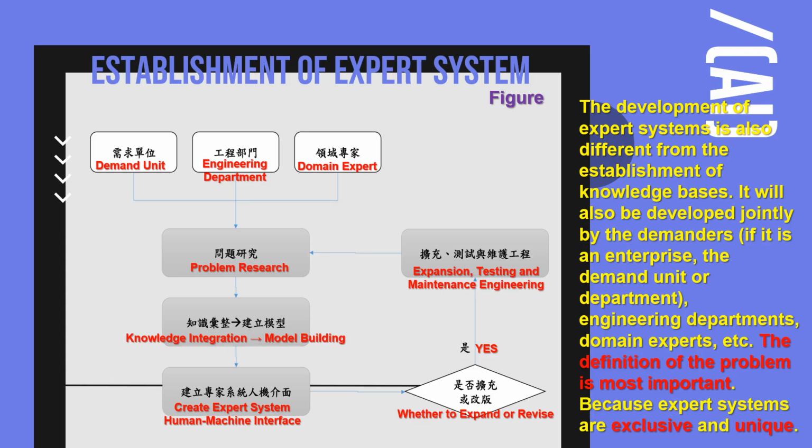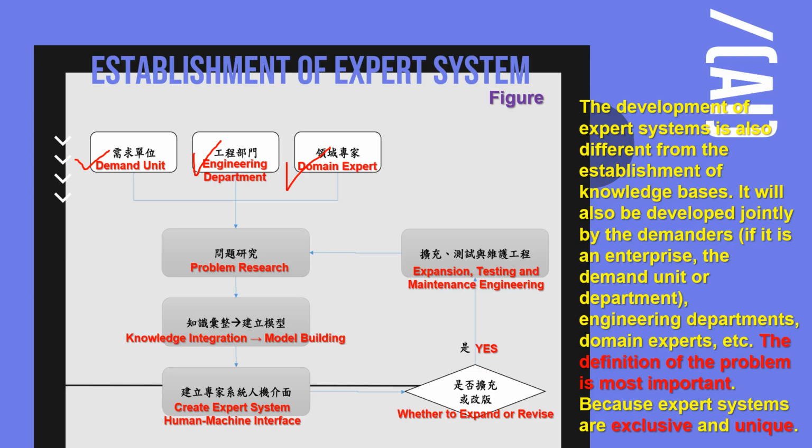And the establishment of the expert system will include the demand unit, the engineering department, and the domain expert. They will mutually do some problem research and move on to knowledge integration toward model building. In the meantime, for problem research, there will be expansion testing and maintenance engineering.